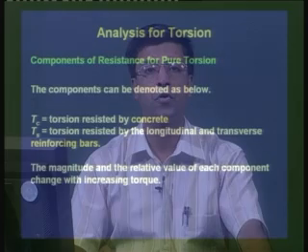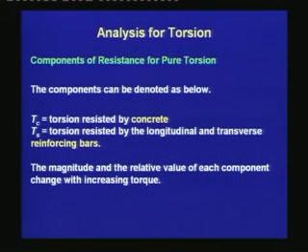The components can be denoted as below. We have the first component Tc, which is the torsion resisted by concrete, and next we have Ts, which is the torsion resisted by the longitudinal and transverse reinforcing bars. The magnitude and the relative value of each component change with increasing torque.